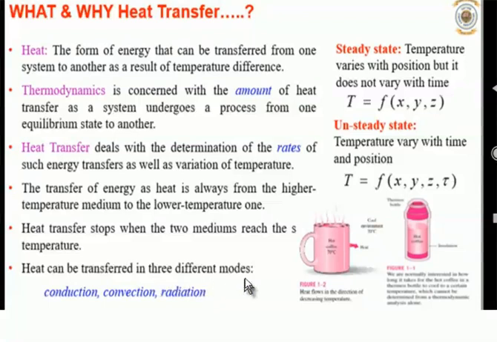There are three different modes to transfer heat from one substance to another: conduction, convection, and radiation. Through these modes only, heat is transferred between the substances or between parts of a substance.